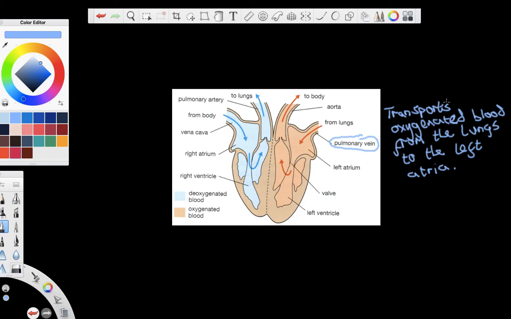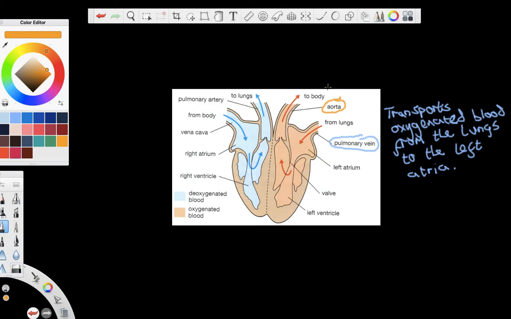The next one we need to talk about is the aorta, and the aorta is found at the top here. Okay, if you want to write these out in your book as a definition, that would be perfect. I'm just going to circle the ones that I'm describing.